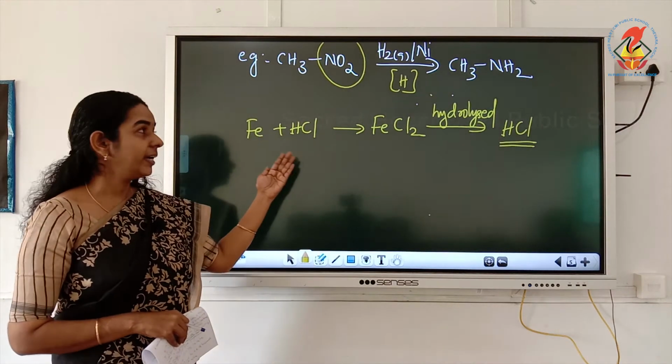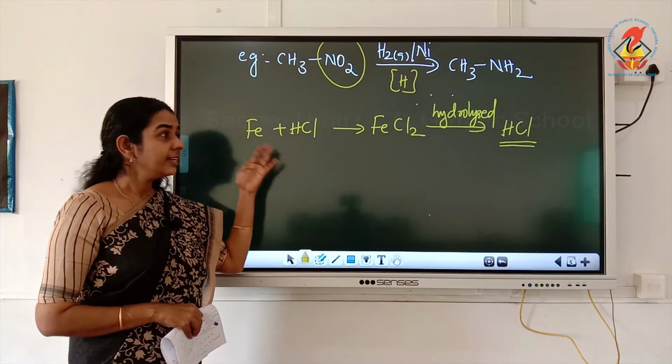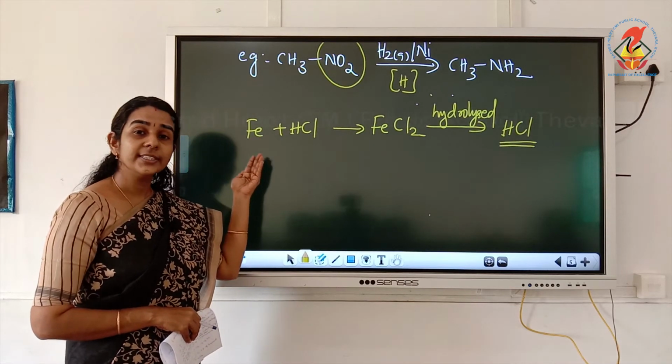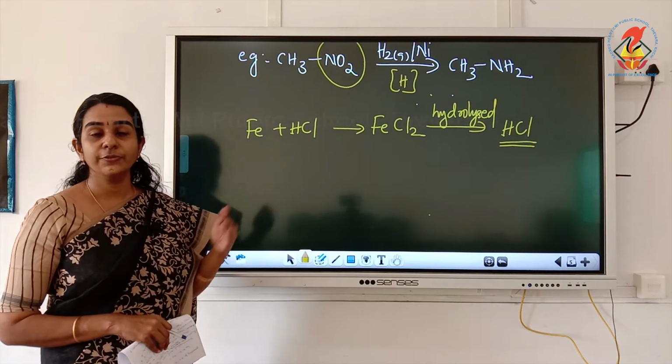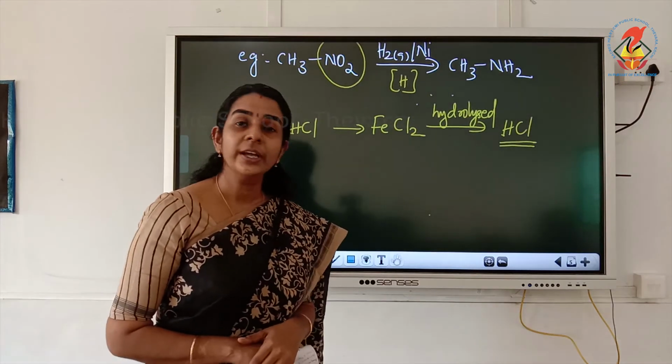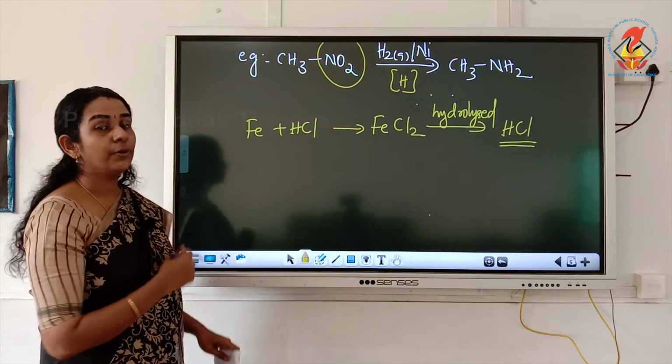So, this is the advantage, or the reason why scrap iron is used as the most preferred reagent for the conversion of nitro group to NH2 group. That is a very important board question.